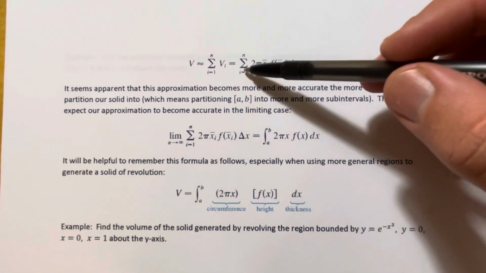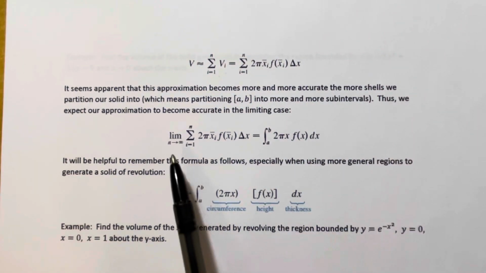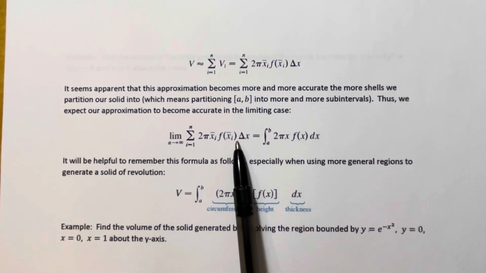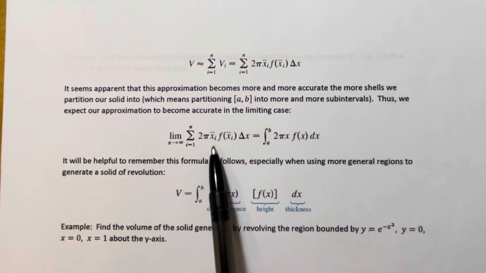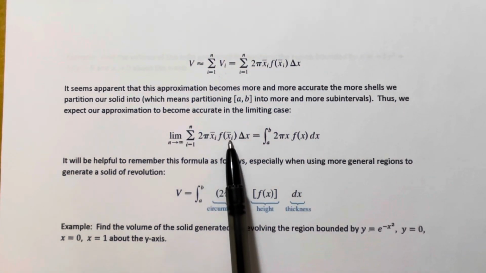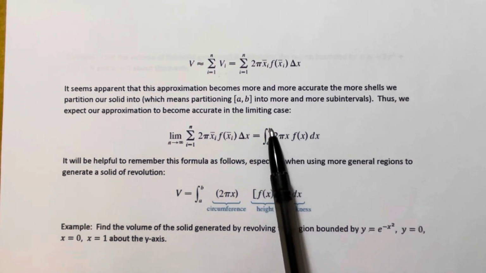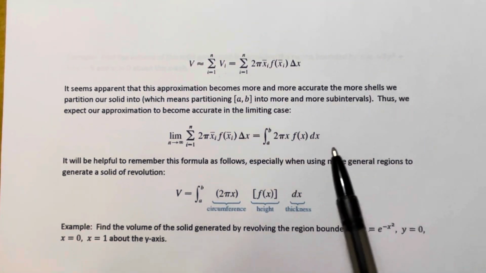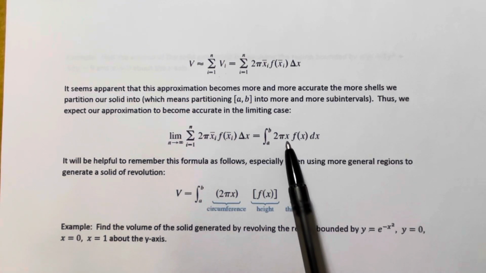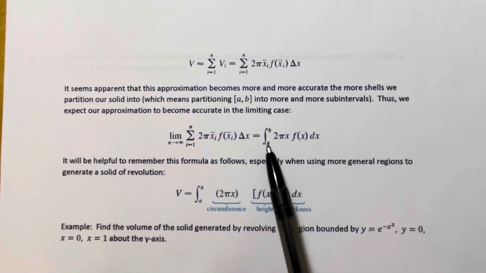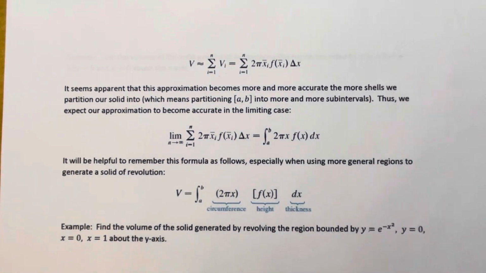Then, like we were saying before, if we apply a limit to that summation so that our approximation gets better and better, this is going to turn into a definite integral. And this is what it would look like: the integral from a to b, remember that's the interval over which we're defining our region, of 2π x f(x) dx. This would give me the volume that I'm looking for.